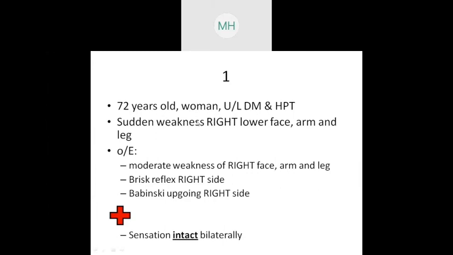You start from a very general, coarse localization. So this is right face, arm, leg weakness. The corticospinal tract decussates, so the lesion should be on the left side. If on the left side, why is the face involved on the same side as the arm and leg?